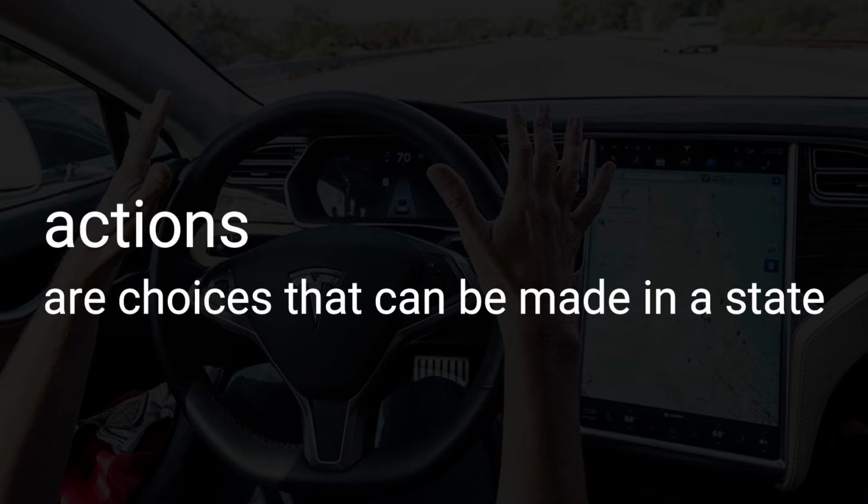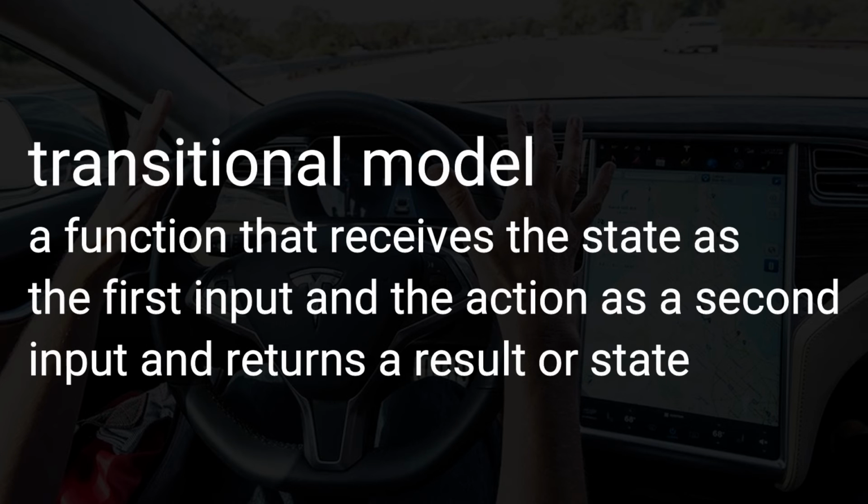And we already know that performing an action on an already existing state results in another different state. And this is what gives us the transition model. This is a function that receives the state as a first input and the action as a second input and returns a result, or a different state. So let's take an example to understand more precisely what I mean.